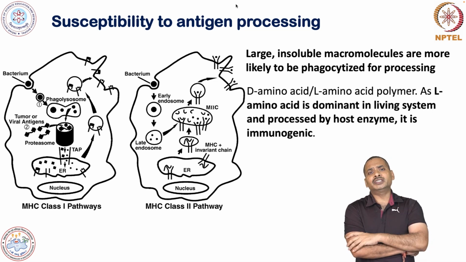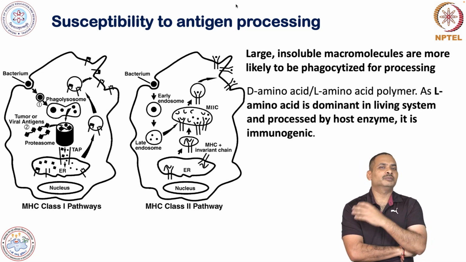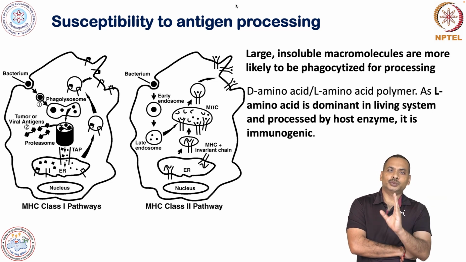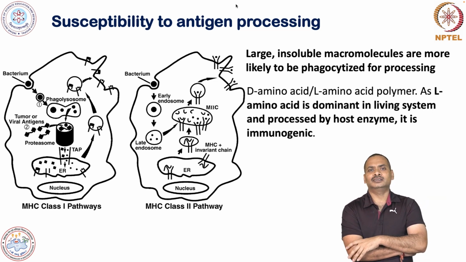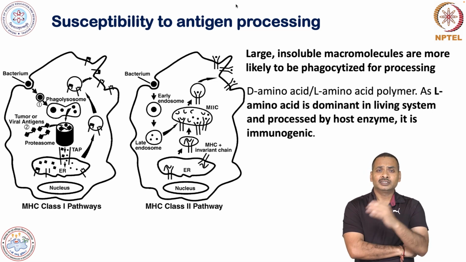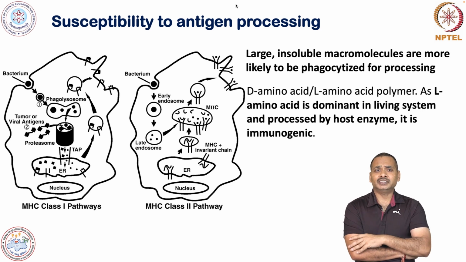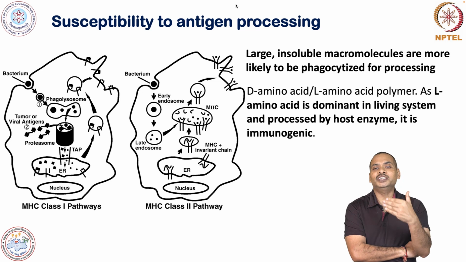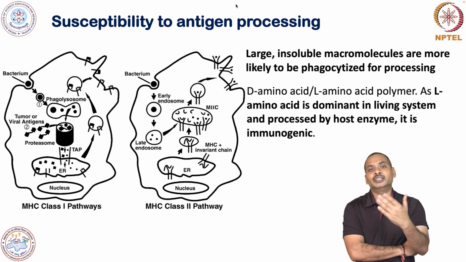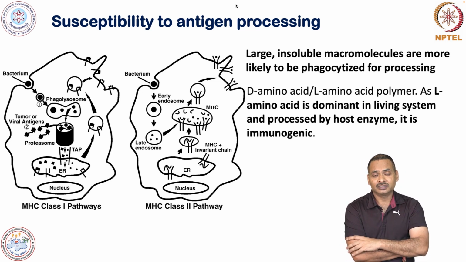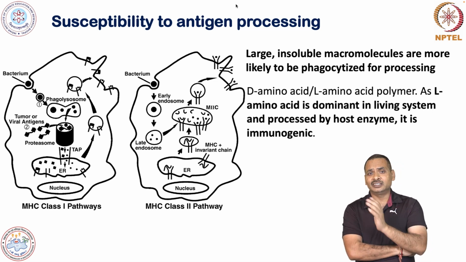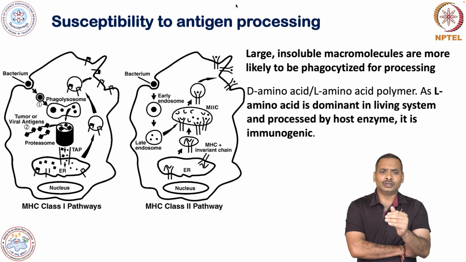So these proteins will not be immunogenic. On the other hand, if you challenge another group of animals with the same composition, same sequence, with L amino acids, you will find that this will induce a very nice immune response in terms of antibody production. I think I have explained all these things in great detail.